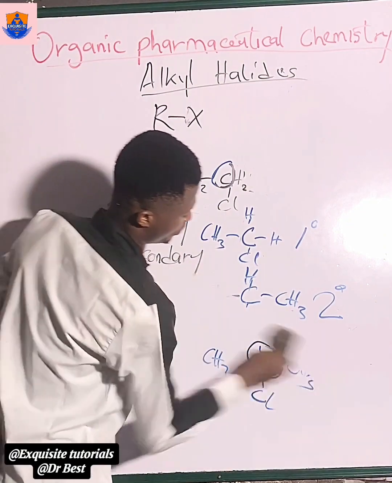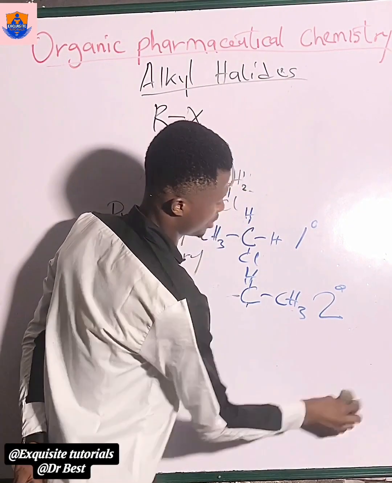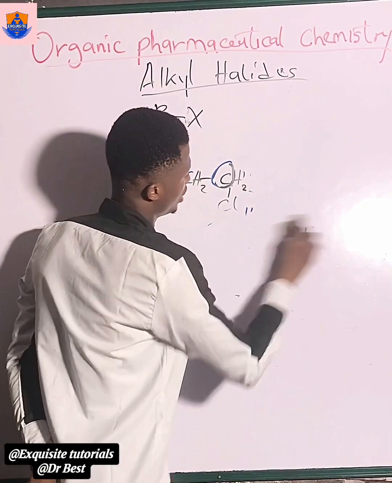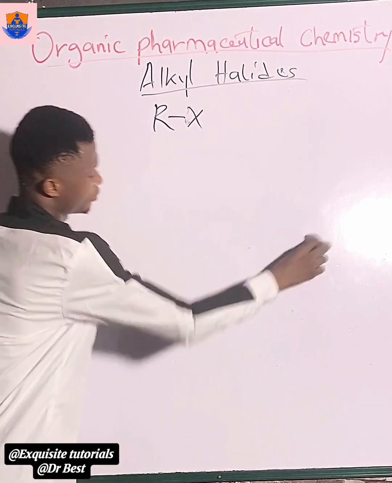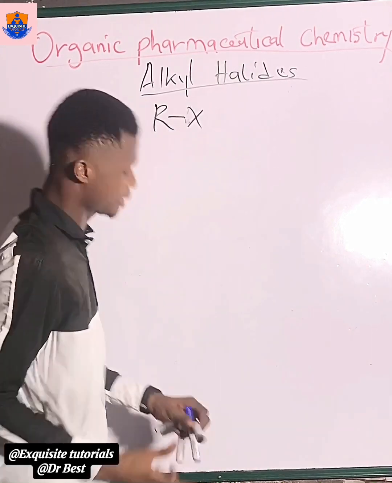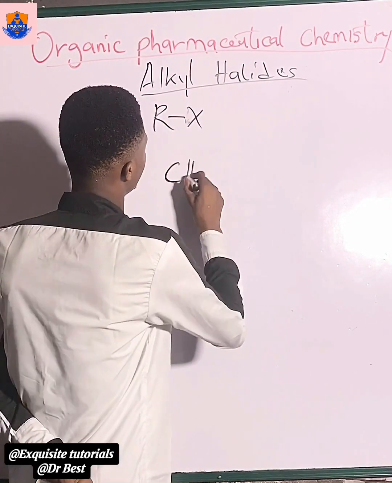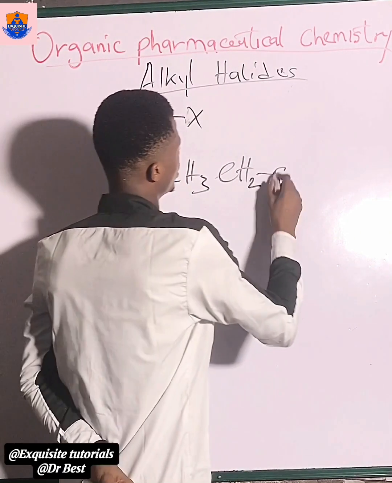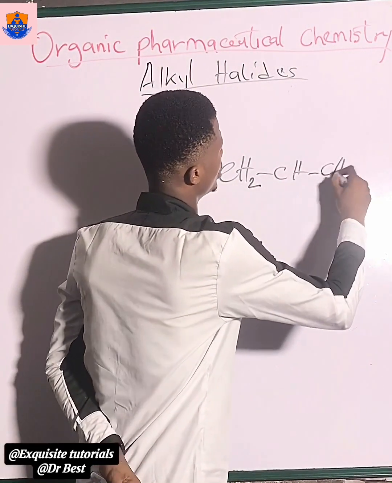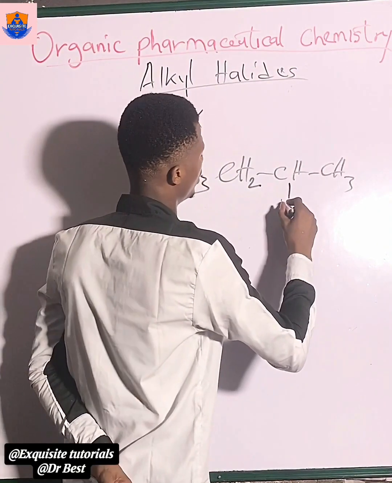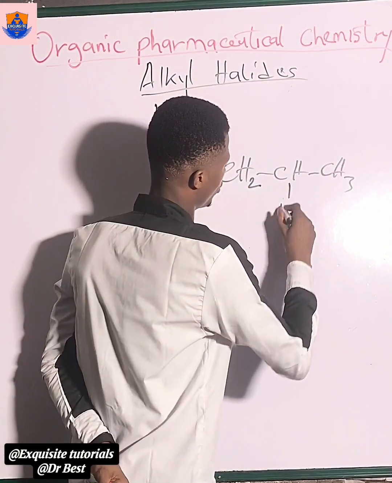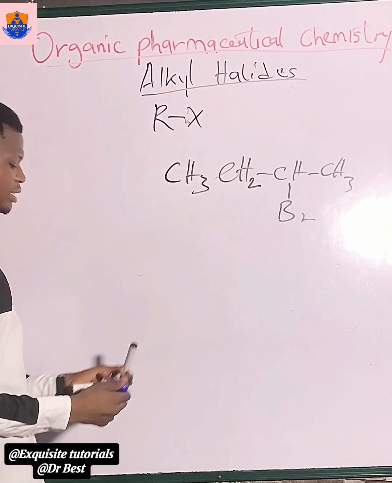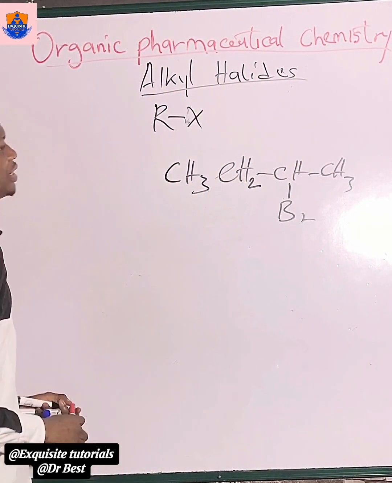Now let me give you some examples and ask you to indicate which is primary, secondary, and tertiary. Now let's take CH3, CH2, CH, CH3, and you have your bromine here. Is this a primary alkyl halide, secondary alkyl halide, or a tertiary alkyl halide?